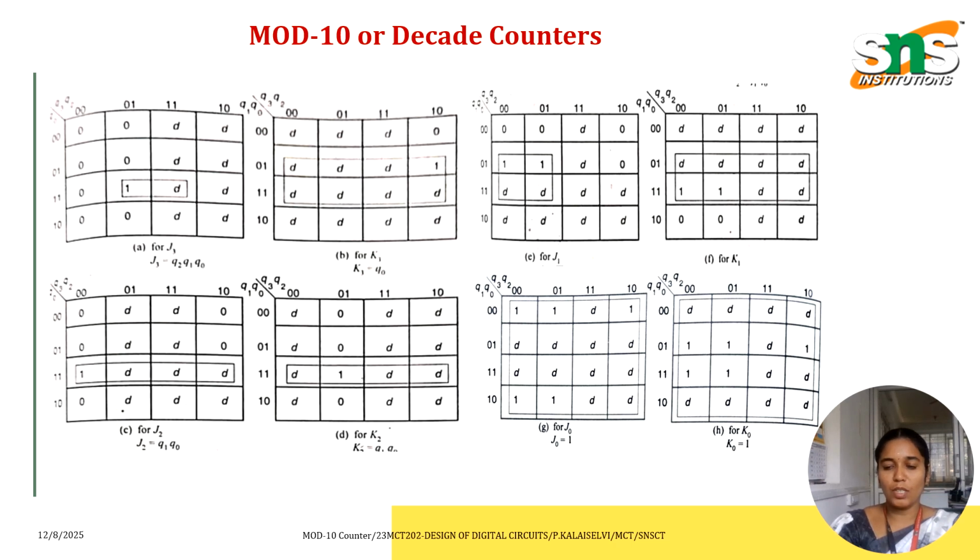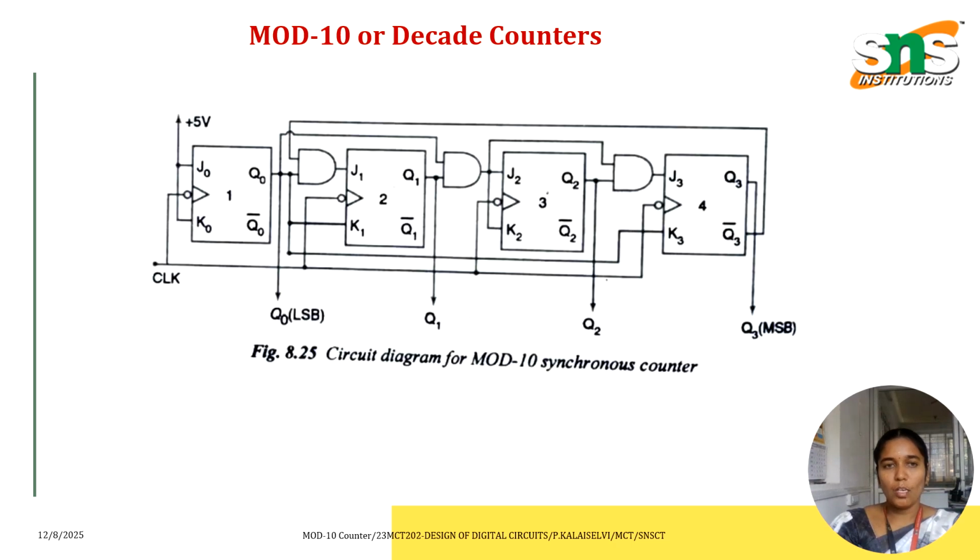Based on that we have the switching expressions. This is the circuit diagram, or schematic diagram, using flip-flops for the decade counter. Here 4 flip-flops are used. Based on the switching expressions, they are connected to the input and output. The clock pulse is common to all the flip-flops, and the 5-volt supply is given here.